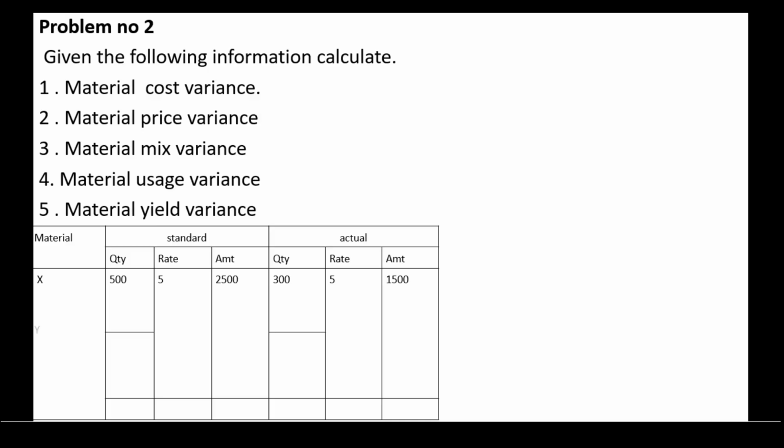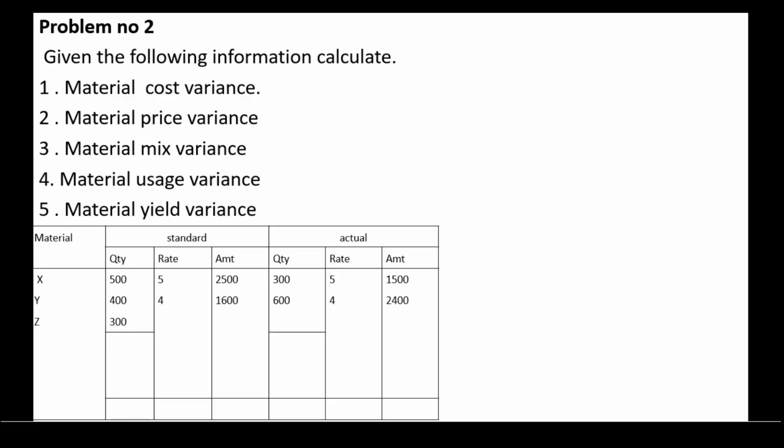And the next, material Y: the standard quantity is 400, standard rate 4, standard amount 1600, actual quantity 600, actual rate 4, actual amount 2400.